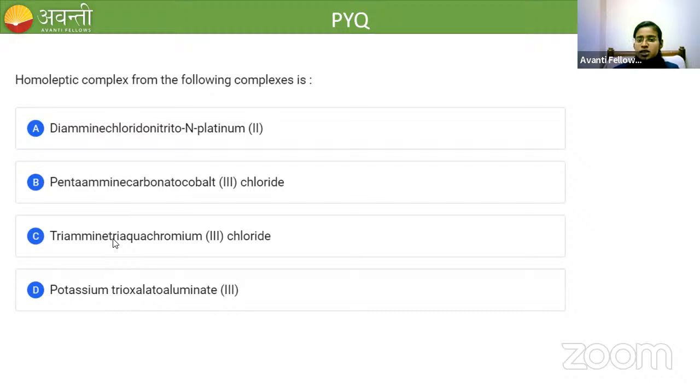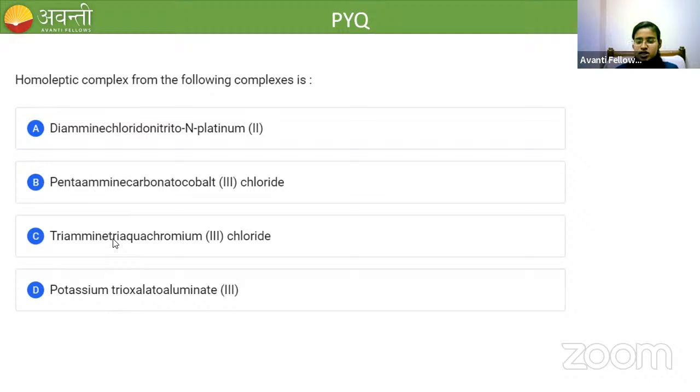So heteroleptic means two different types or more than two different types of ligands will be there. And those complexes are called heteroleptic.